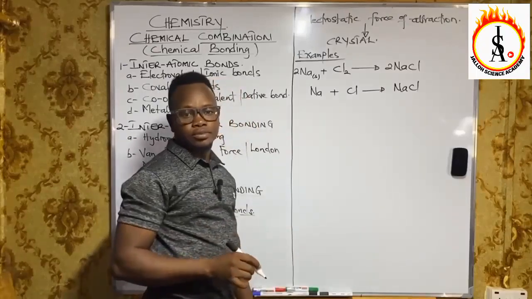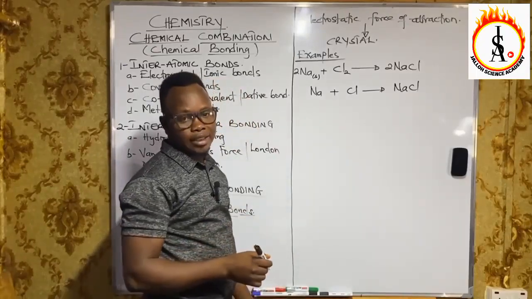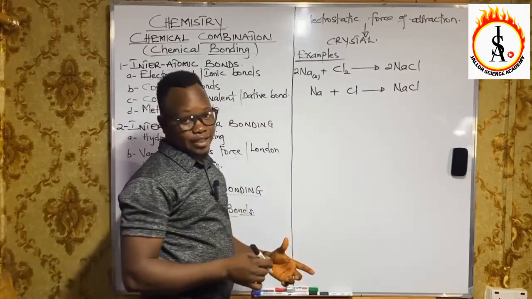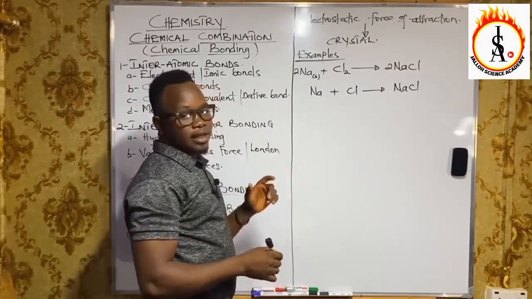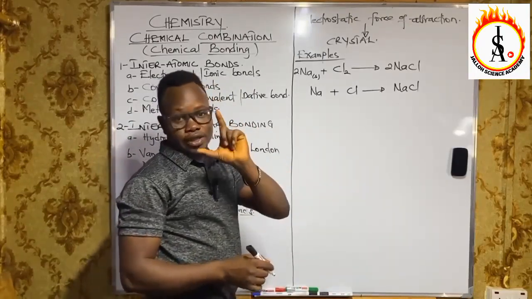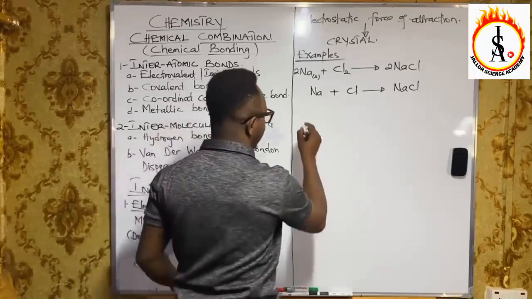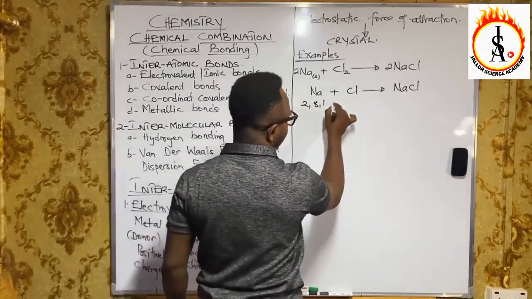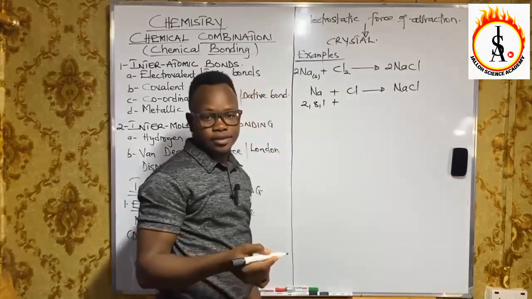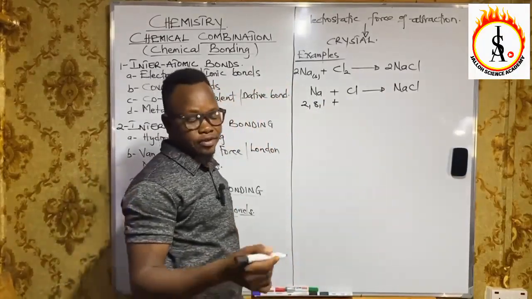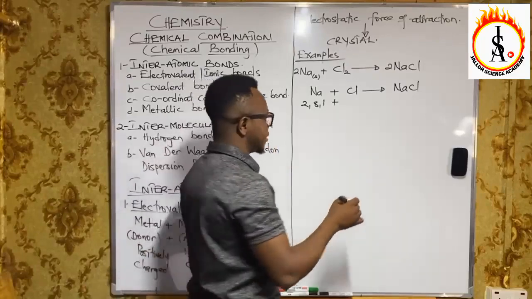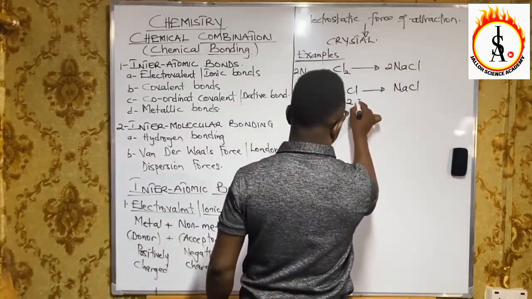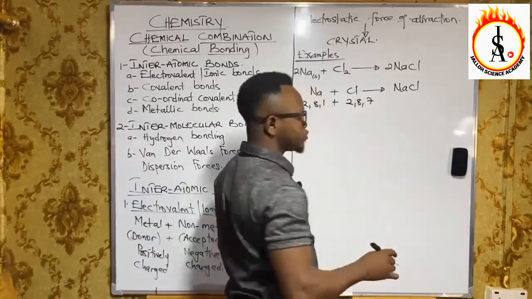Now, sodium is an alkali metal belonging to group 1 with 11 electrons. Of this 11, you have two core shells and one valency shell with a configuration of 2, 8, 1. And chlorine, a halogen belonging to group 7 with 7 valency electrons. This is 2, 8, 7.